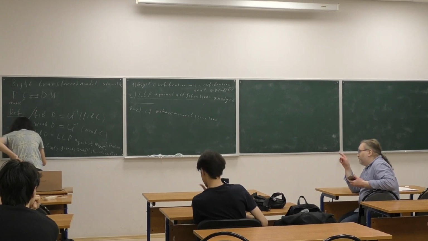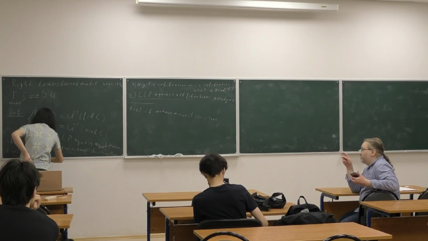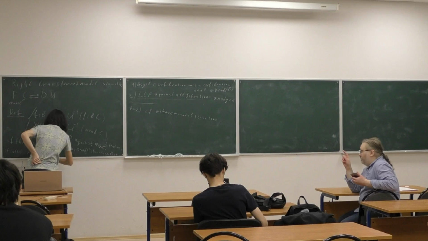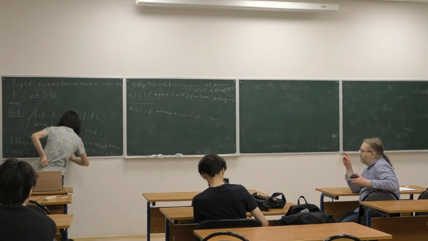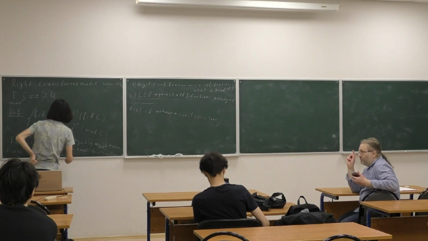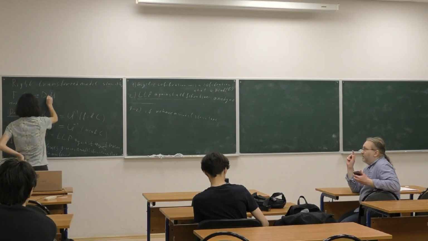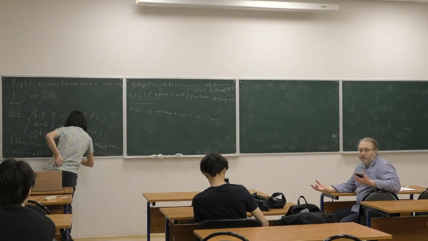In this construction, the functor F is a left adjoint, and the functor U is a right adjoint.